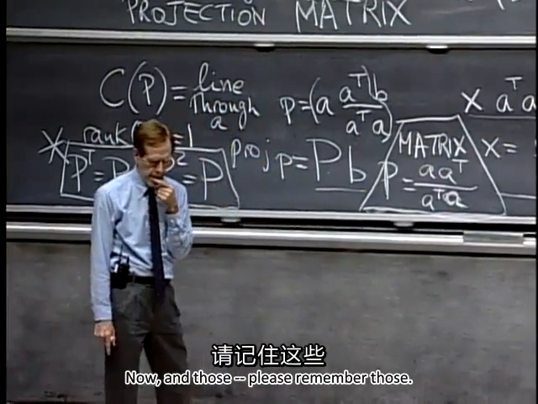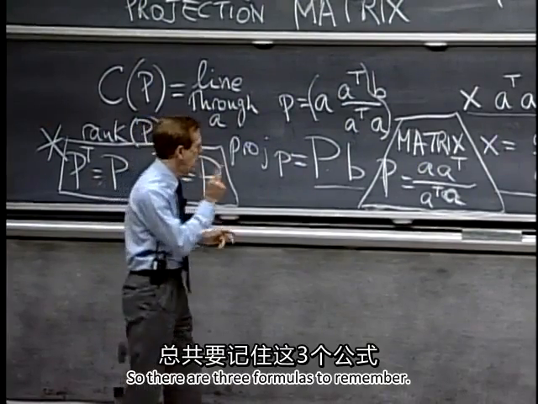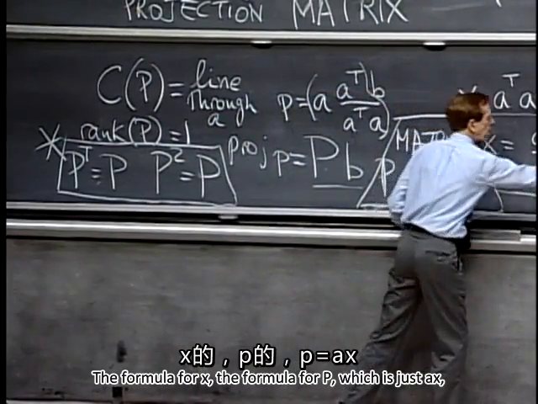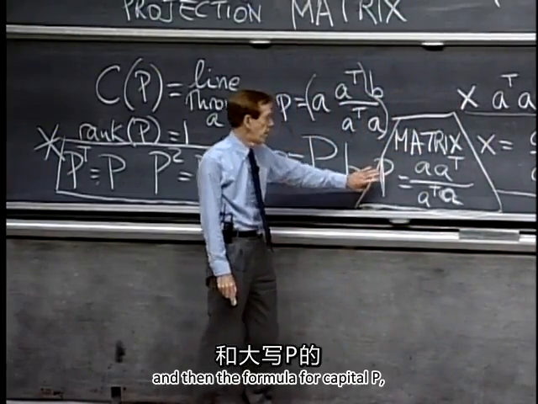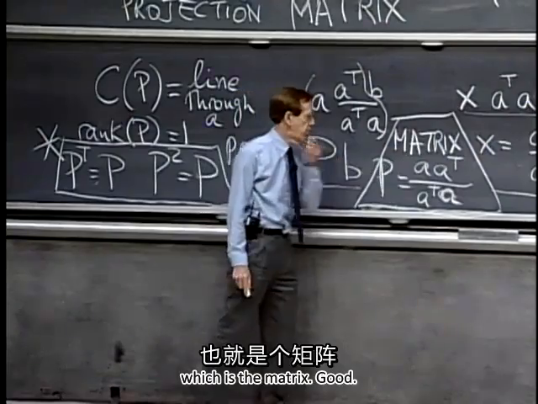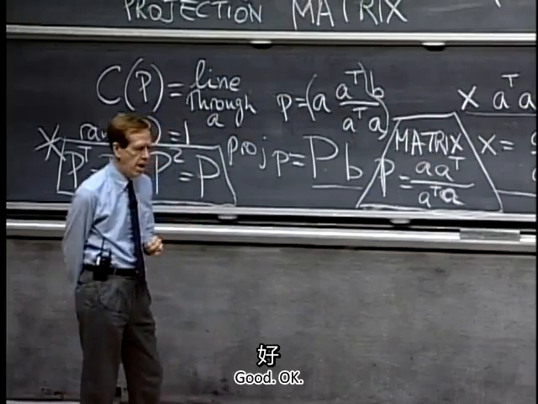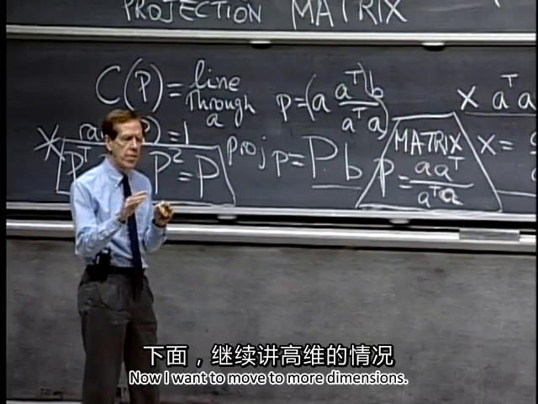Please remember those. There are three formulas to remember: the formula for X, the formula for P, which is just AX, and then the formula for capital P, which is the matrix. Good. Now I want to move to more dimensions.